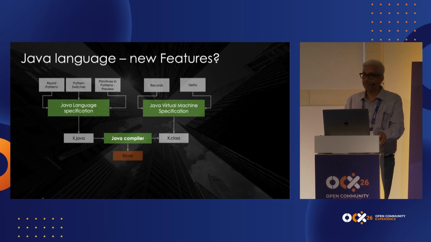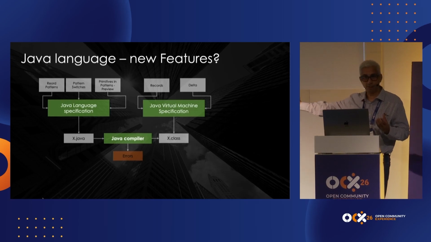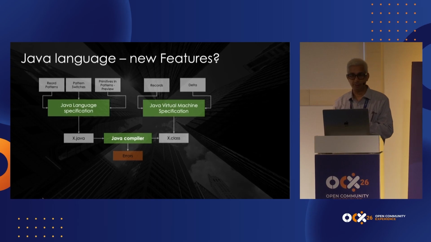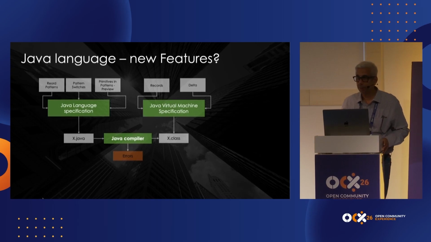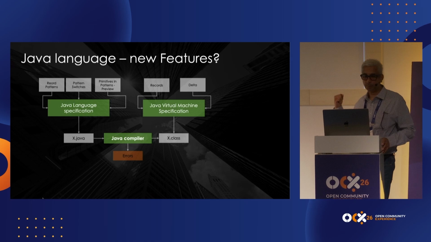Anyway, so what exactly does a compiler do? It takes an x.java file, and it compiles it into x.class, if it adheres to the Java language specification. If it does not align to the Java language specification, it throws out an error. So that's all it does.